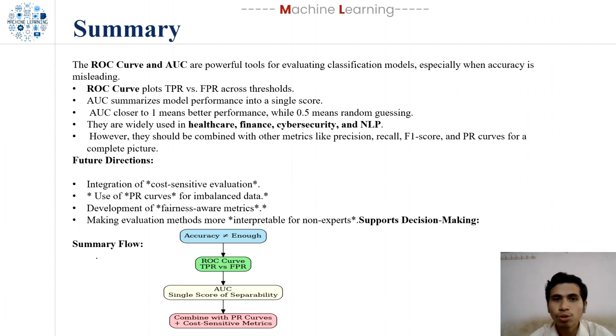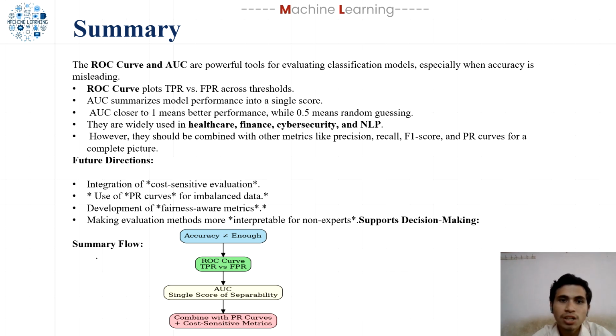Now to conclude, ROC and AUC are critical evaluation tools in machine learning. The ROC curve shows the performance across thresholds, and the AUC summarizes the model's separability into a single number. They provide more reliable insights than accuracy alone, especially in high-stakes applications like healthcare, finance, cybersecurity, where decision making needs to be more reliable than just accuracy.